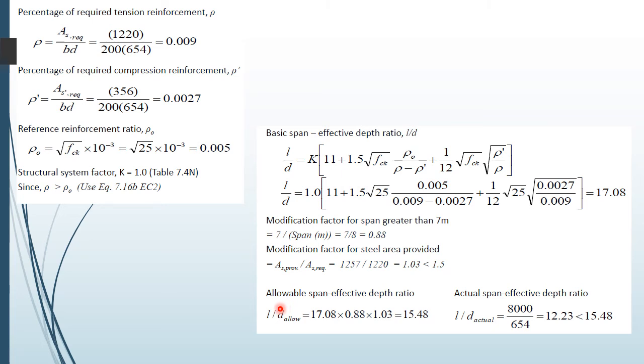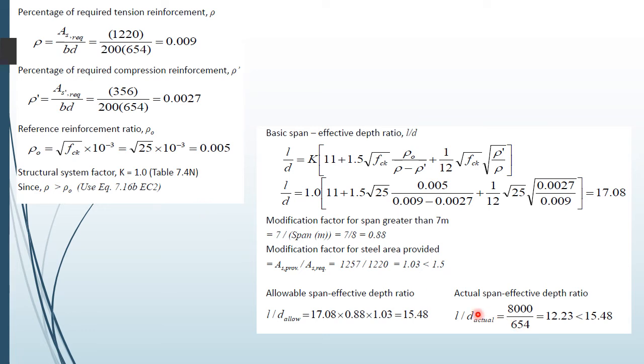We have to multiply the basic L over D with the modification factors. This is basic span over D, which is 17.08 times 0.88 for the span greater than 7 meter and 1.03 for the steel area provided. Therefore, we get the L over D allowed is 15.48.